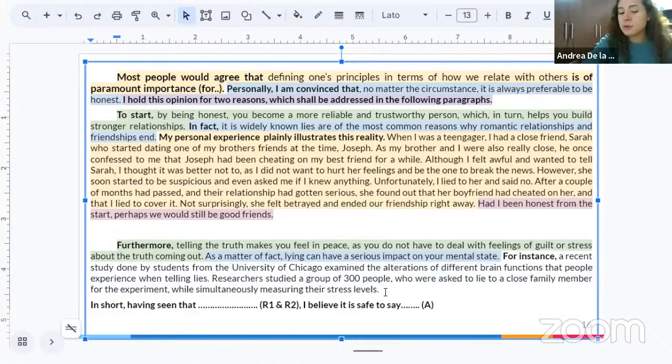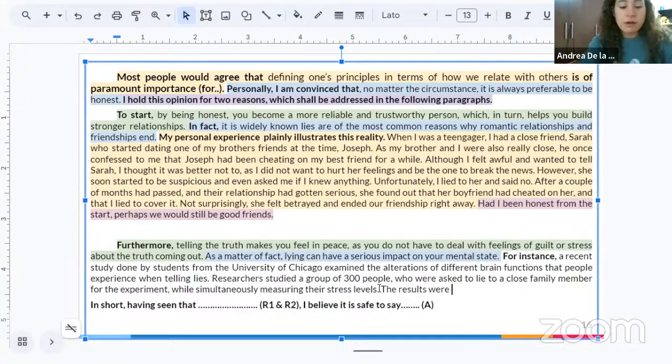And finally, this is the most important part perhaps, and you could actually go directly to this part if you want, if you can think of any ideas. The results have to be proving and showing what I'm saying in the reason, right? My reason is that telling the truth makes you feel better, and lying has a serious effect on your mental state, right? So we're going to say, the results were shocking.